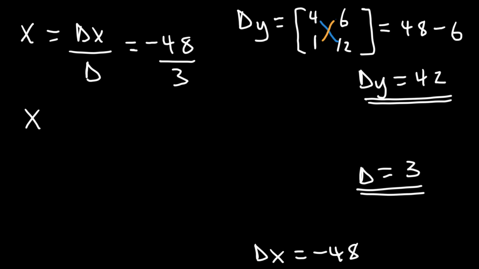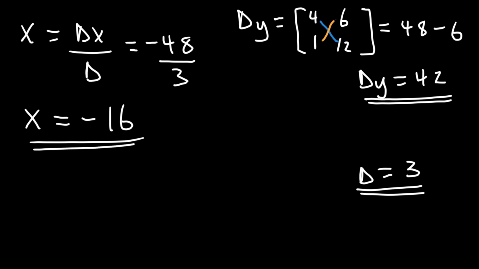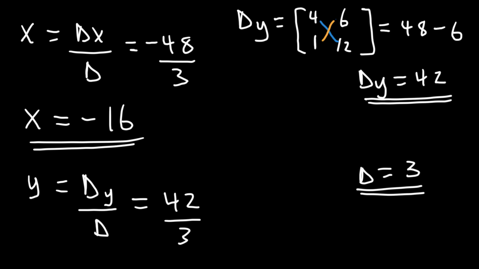And so x will be equal to negative 16. And y will be equal to Dy divided by D, and so this will be equal to 42 divided by 3, and so y will be equal to 14. Therefore, that's how you can solve a system of equations using Cramer's rule.